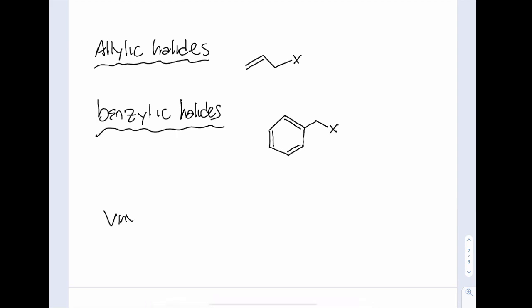So a vinyl halide. This is the one that's often confused with allylic. In a vinyl halide, that halogen is directly attached to the carbon that has the double bond.